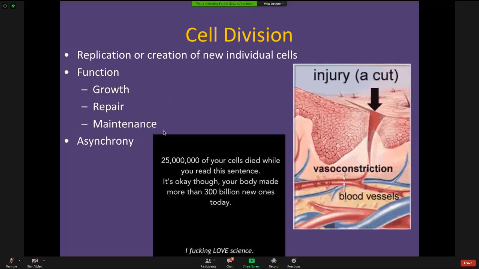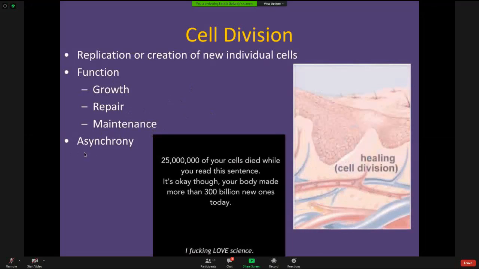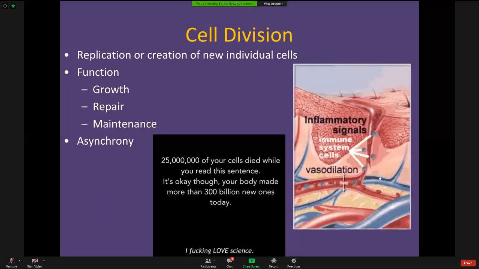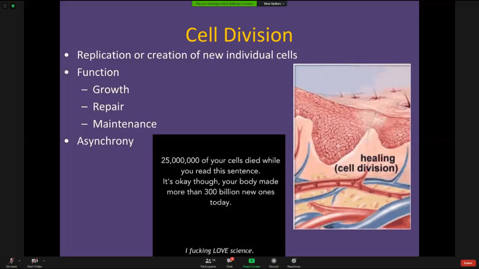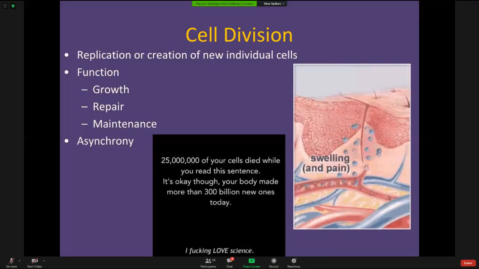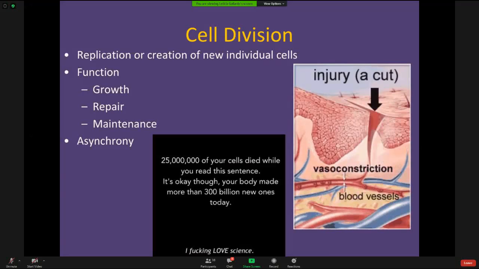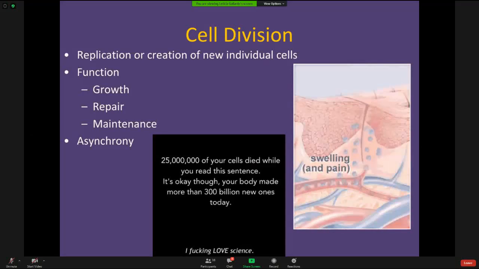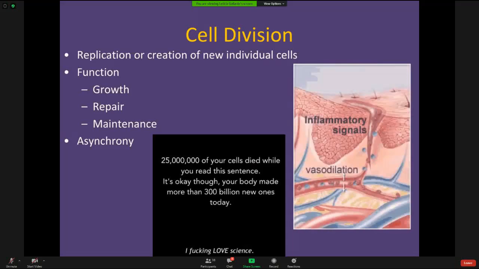And keep in mind that cell division isn't going to be synchronous. Not all the cells in your body are going to divide all at the same time. Different cells in different places are going to be dividing at different rates. So your skin cells are going to have a really fast rate of mitosis. The skin cells in your epidermis, for example, replace themselves every 2 weeks. Your stomach lining cells, which are experiencing that acid pH that we talked about, replace themselves every 2 days.